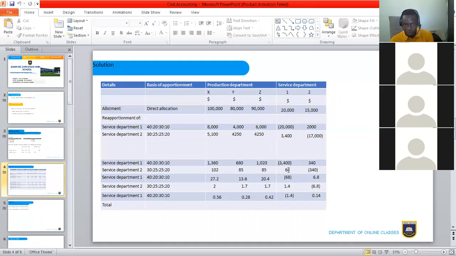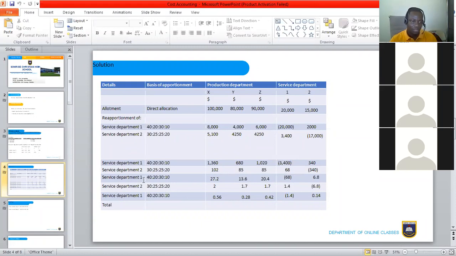That's the principle under the repeated method or the continuous method. That is what we are using here. So we must reapportion $68 using the next service departmental cost percentages. It falls under service department 1.